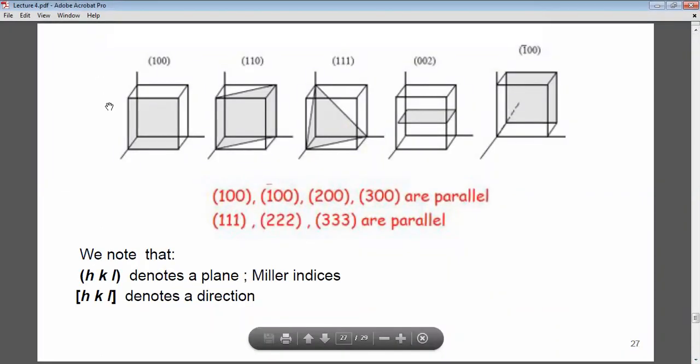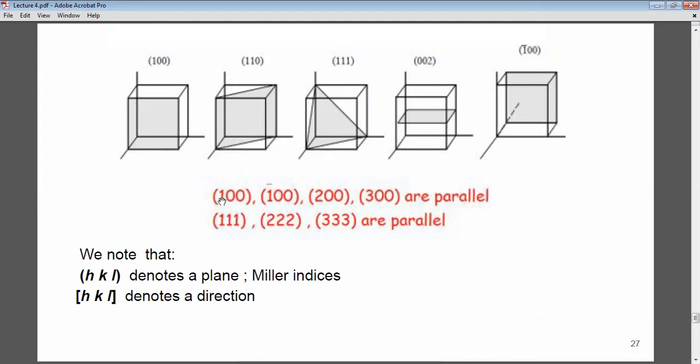Again, this one is [100]. This one is [1 bar 0 0]. This is [110]. This is [111]. This is [002]. This is [1 bar 0 0] because it's in the opposite direction of the x-axis, so it's minus 100.